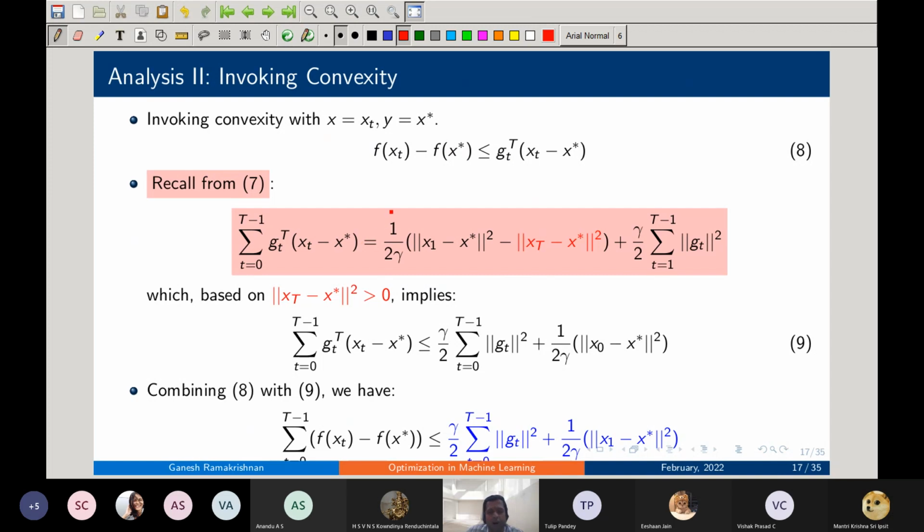Okay, so all this is recap. Everything is recap here. So we basically boil down this expression. Now this is where we had invoked Lipschitz continuity in the previous analysis. We are saying no, there's no need. We'll now go back to our analysis from Lipschitz smoothness and telescopic summing. Okay, so yeah, this is combining 8 and 9.